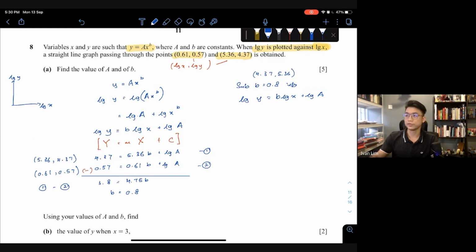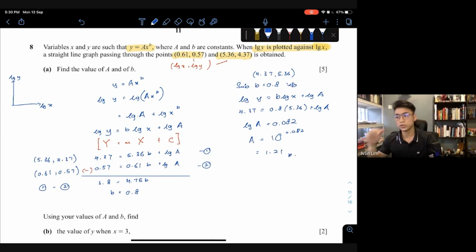You have to sub all of it in. So you get 4.37 equals 0.8 times 5.36 plus log a. Log a will be equal to 0.082. A equals 10 to the power of 0.082, which will give you 1.21. You might use a slightly different method, it's totally fine, as long as you get to 1.21 over here. 5-mark question.